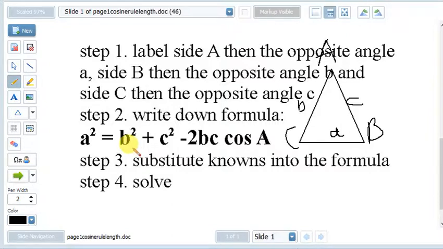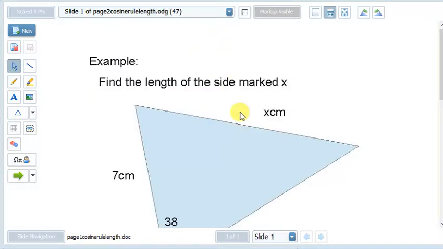So for instance, the other two permutations are b squared equals a squared plus c squared minus 2ac cosine of B, and the other one is c squared equals a squared plus b squared minus 2ab cosine of C. Okay, so now we substitute our knowns into the formula and then we solve, and if necessary we change sign. Okay, so page 2.